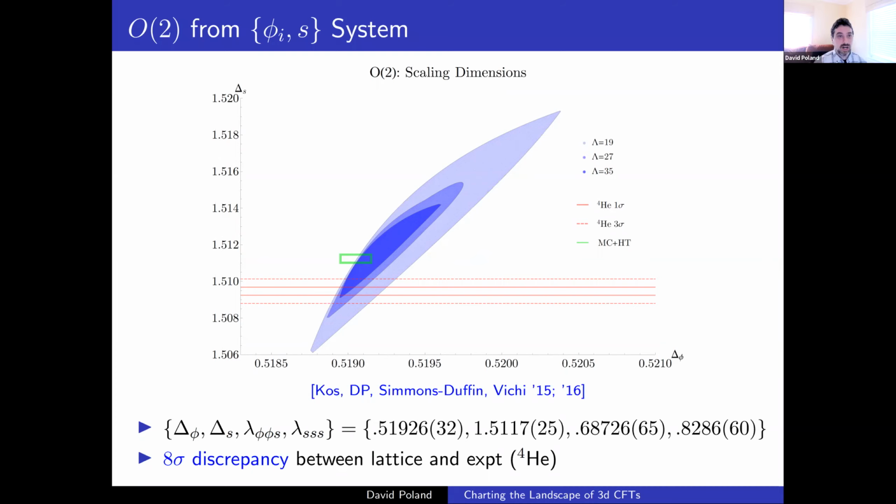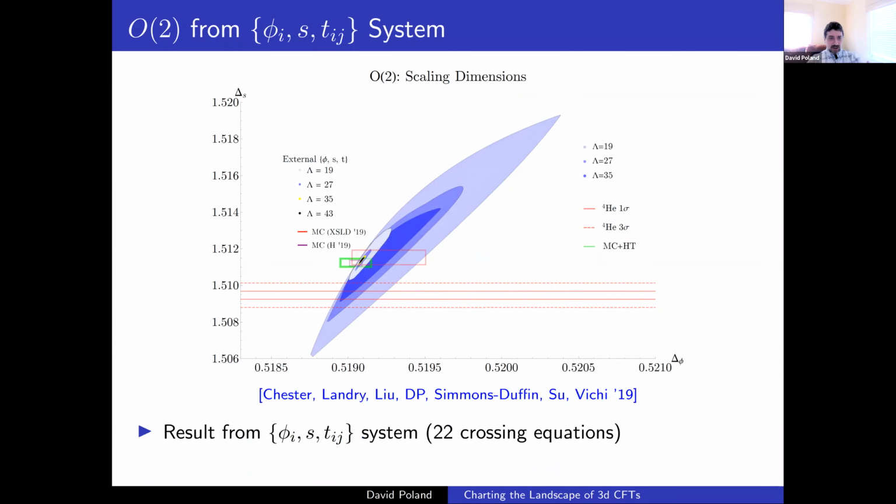Let's call it TIJ. Or if you think of this in U1 language, it's the leading charge 0, charge 1, and charge 2 operators. So by going to this larger system, we were able to shrink the island by at least another order of magnitude.